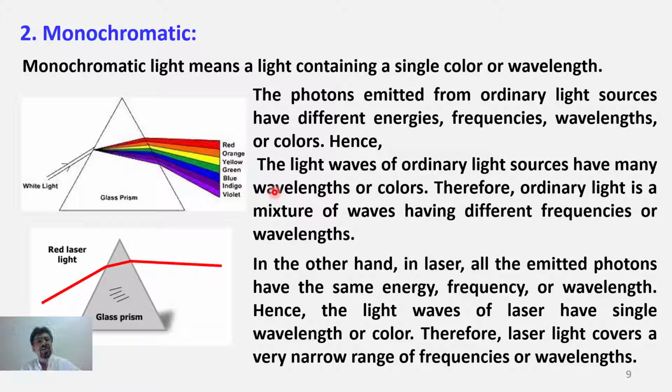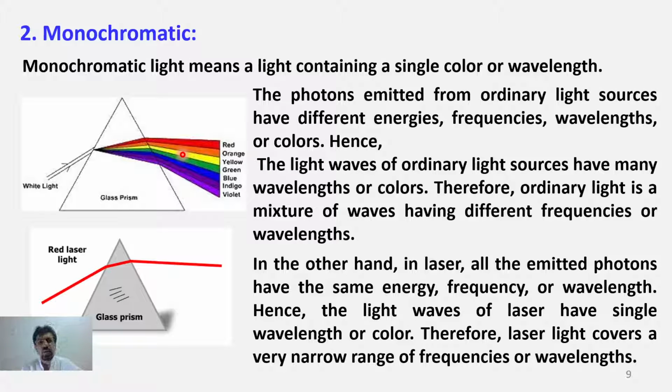If we pass white light through a glass prism, then we observe a spectrum of different colors ranging from red to violet, and these colors have different wavelengths. Therefore, we can say that ordinary white light is polychromatic.